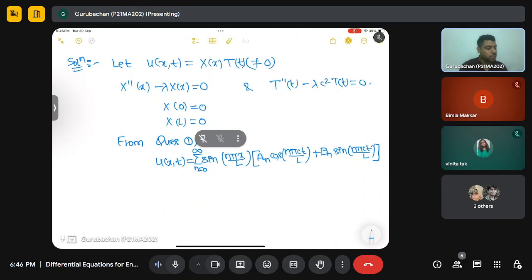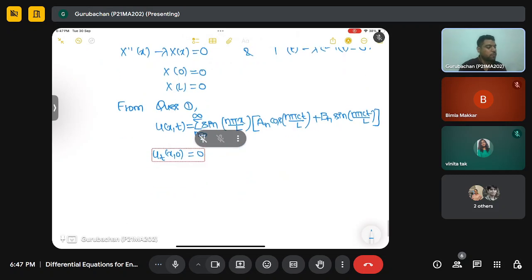If you observe, first of all, your u_t(x,0) is 0. So we will make use of it first, so that we can prove that the b_n are 0. How can we say that? You get 0 equal to the summation from 0 to infinity. You have to partially differentiate with respect to t, and then put t to be 0.